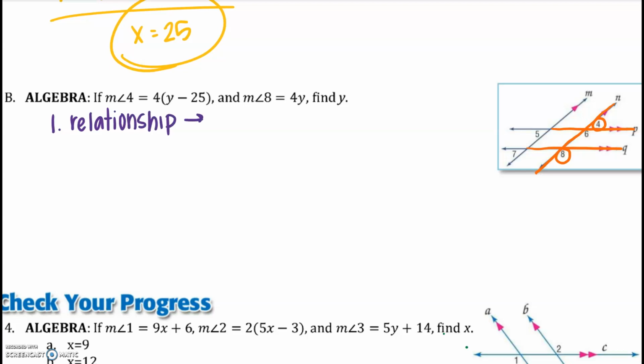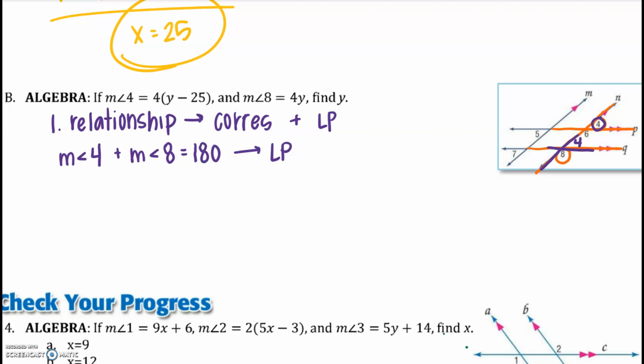But what if I move 4 down here, because those two are corresponding, and then I can see maybe 4 and 8 have a relationship of a linear pair. So I'm first going to talk about corresponding, plus linear pair. And I know that the measure of angle 4 plus the measure of angle 8 are going to equal 180 because of that linear pair.